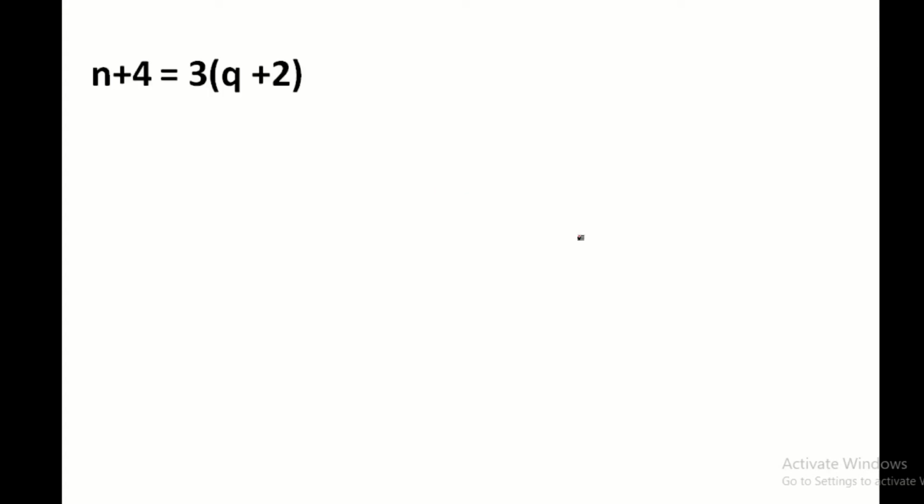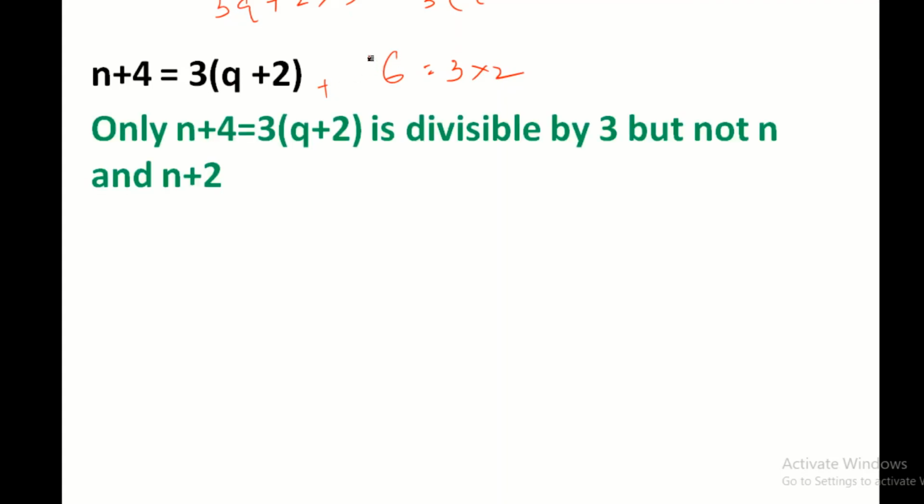So by taking 3 as common from the two terms, since 6 can be written as 3 times 2, this becomes 3 times q plus 2. So n plus 4 is equal to 3 times q plus 2. So here we have no remainder. And in the other two cases we have remainders. So when r equal to 2, only n plus 4 is divisible by 3, and the remaining numbers n and n plus 2 are not. Okay?